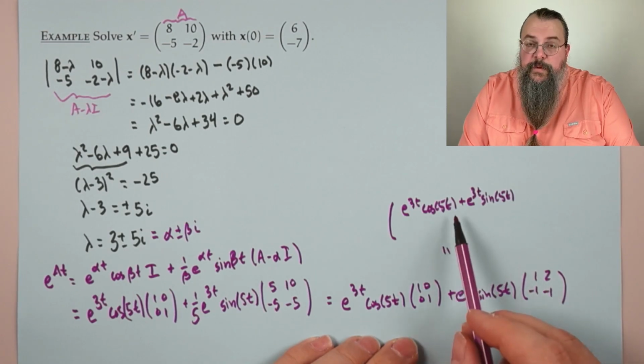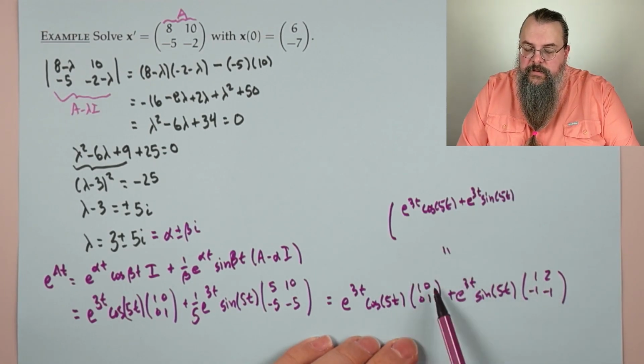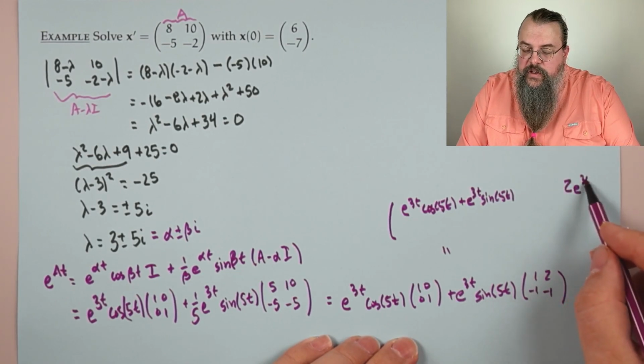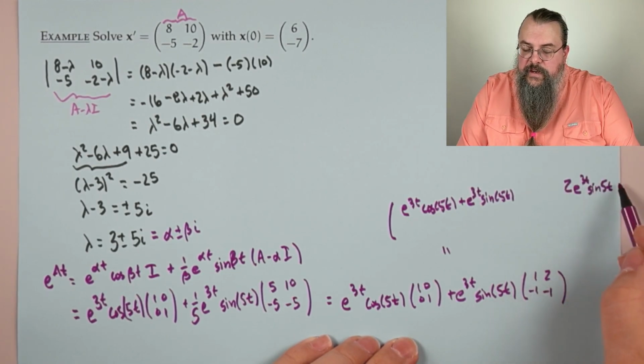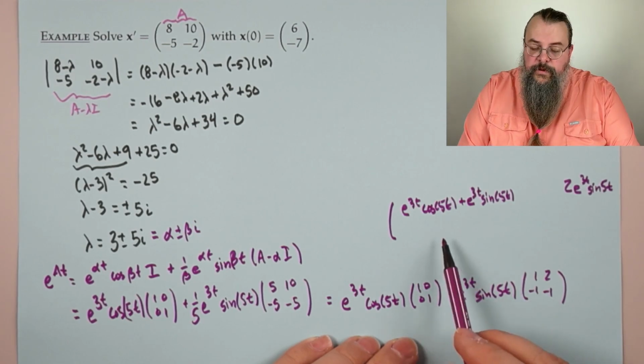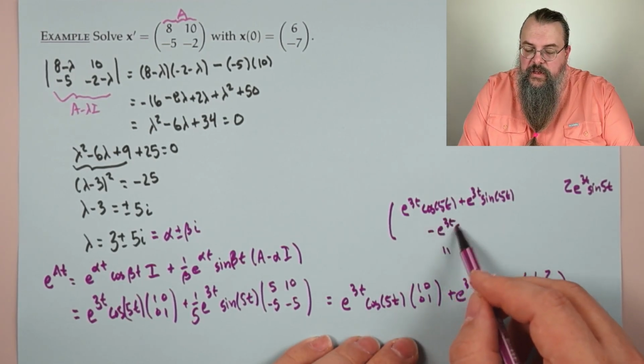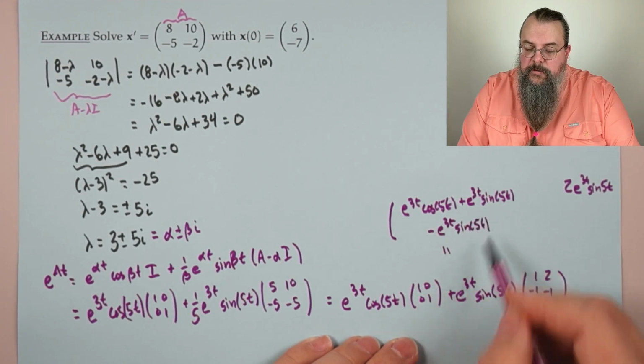Okay, so that's the upper left corner. Then we'll have 2 e to the 3t sine of 5t in the upper right. In the lower left corner, we'll have minus e to the 3t sine of 5t.